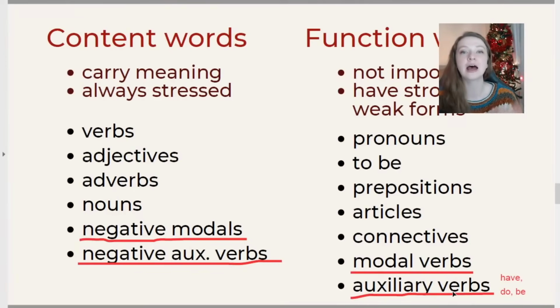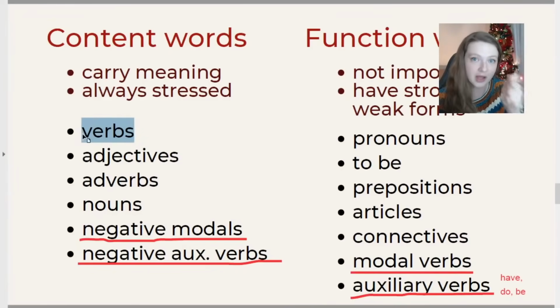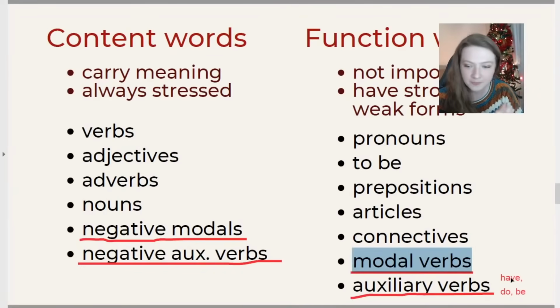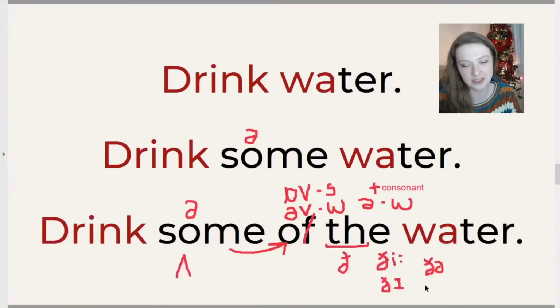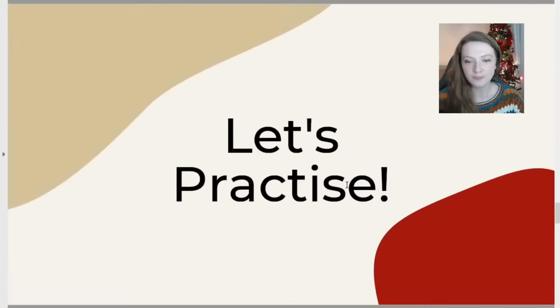I would say I have been to Spain. So the been would be stressed because been is the verb, the main verb, the important bit. But the auxiliary verb have is not important.